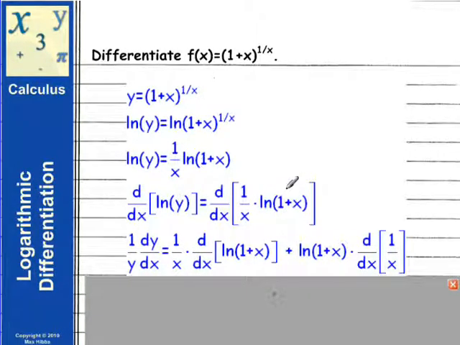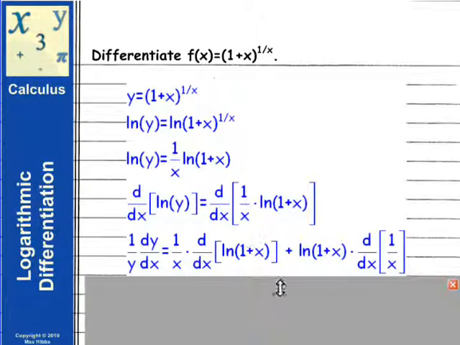Well, there's the second function, and so I'm indicating that derivative here. Then we add to that just the opposite. That is, we take the second function alone and multiply it with the derivative of the first function. The first function being 1 over x, and this is the derivative of 1 over x.